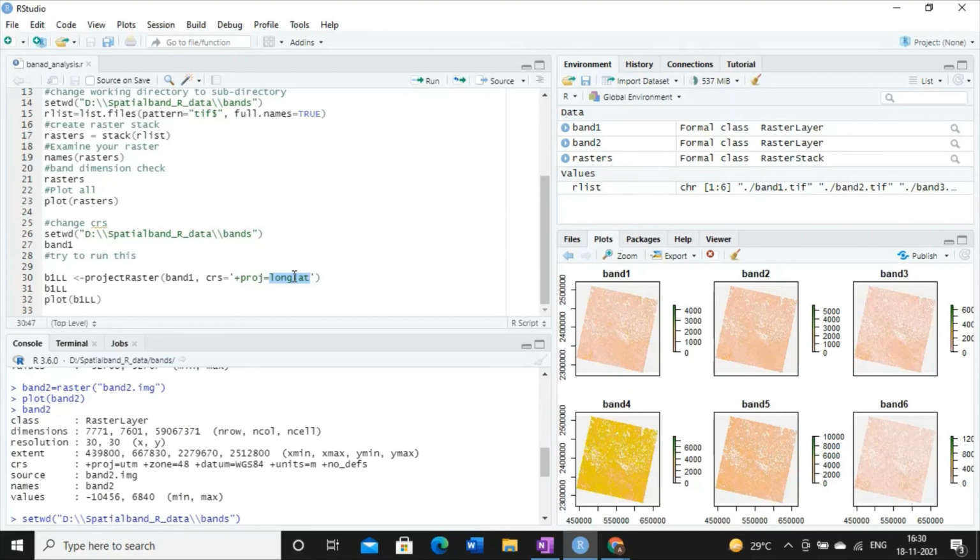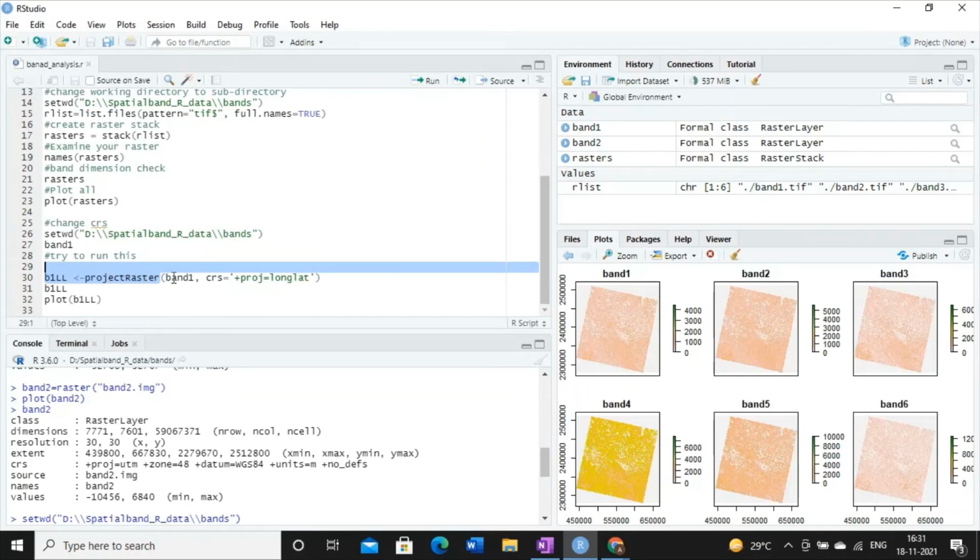If you want to convert or project, say, band 1 to a different coordinate system, we have to keep in mind latitude and longitude and use the concept of long lat. Then we can use the projectRaster function of the raster package.